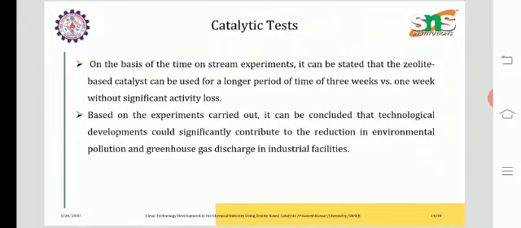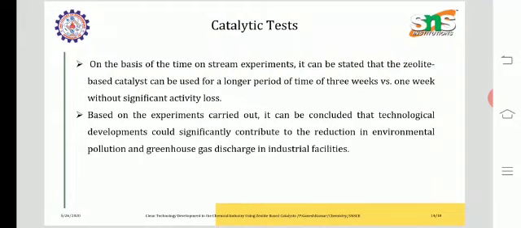So on the basis of the time on stream experiments, it can be stated that the zeolite based catalysts can be used for a longer period of time, up to 1 week without significant activity loss, and can also go to high temperatures around 600 degrees Celsius.